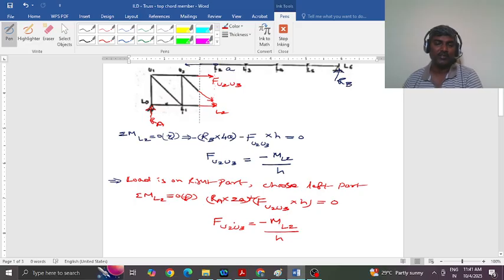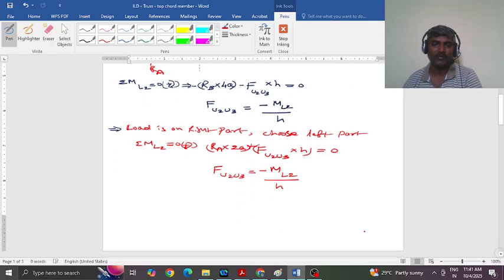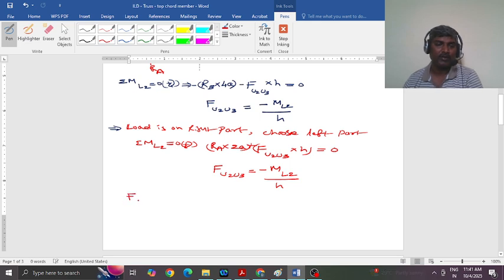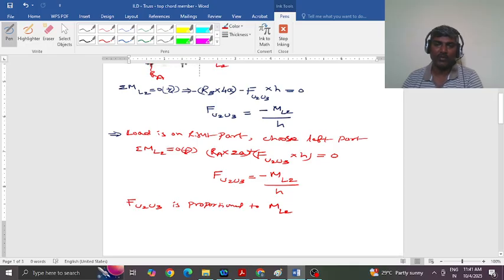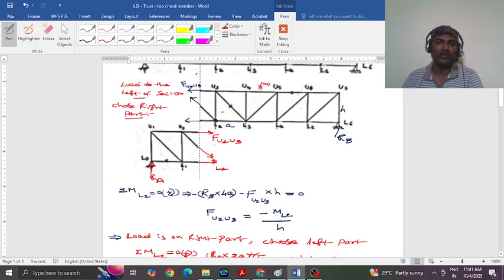So this is finally concluded as: the force in U2 U3 is proportional to the moment about L2. If you want a value, moment divided by h, for whatever may be the position, whether you take the load on the left part or on the right part.